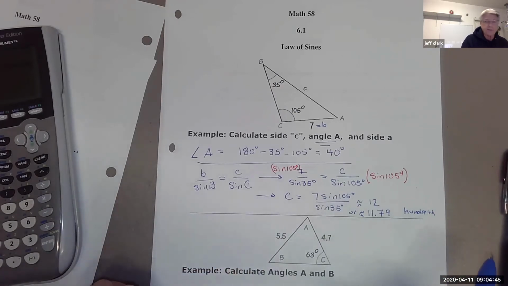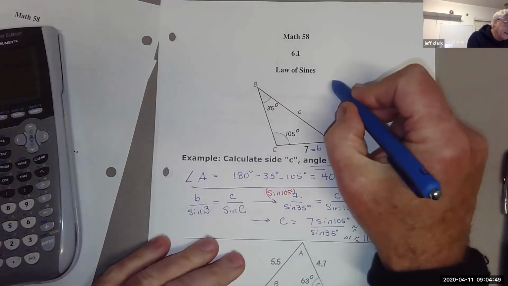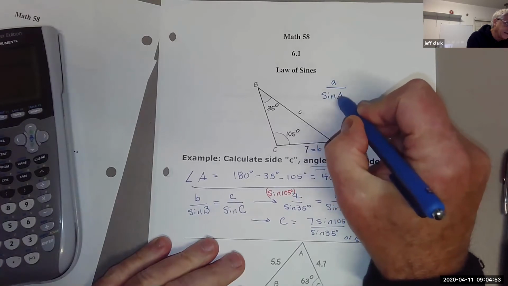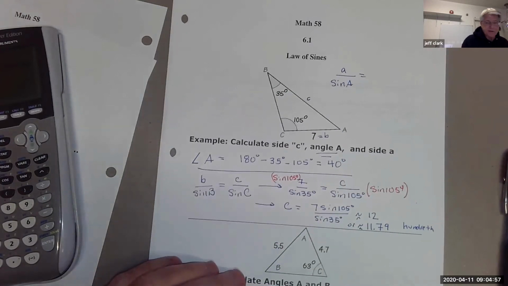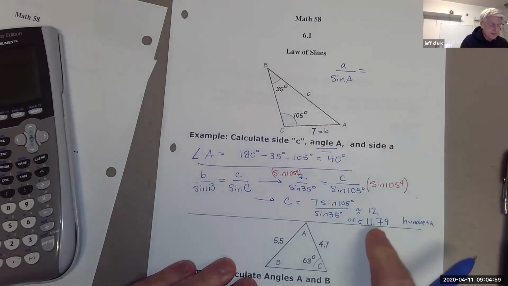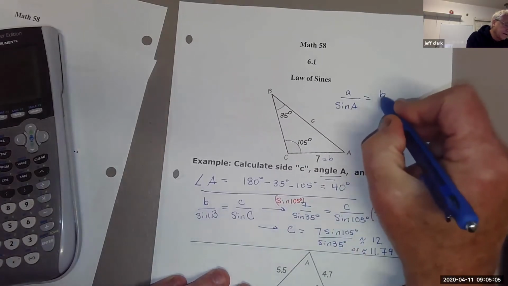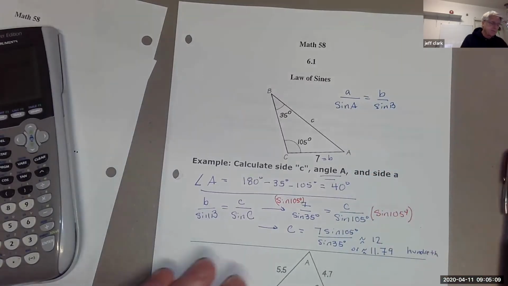So I'm going to have to do it again, meaning I want to take little a and associate it with sine of the big A. And what I don't want to do is use the C's because I've got approximations here. Don't use the C's. Use again what's given, which is the B. And plug things in.